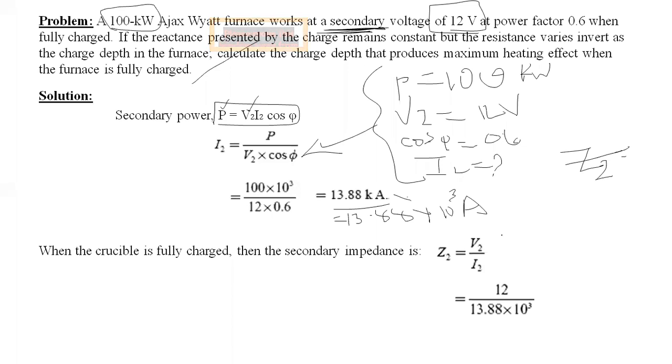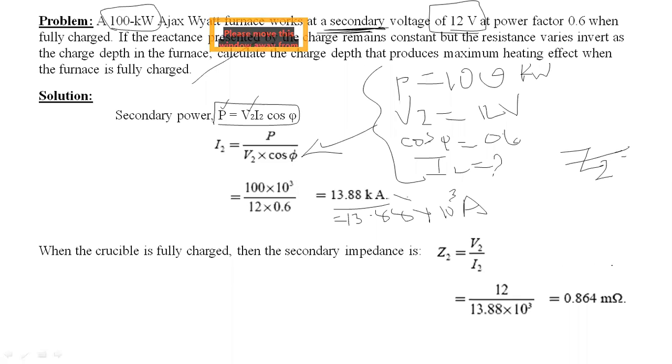So please check the solution. It comes to 0.0086 ohms, because for resistance and impedance we are going to have ohms.